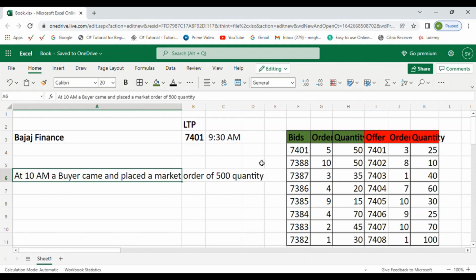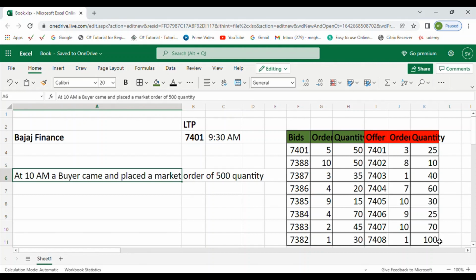A new buy order will come. As it is a market order, it will execute at the best available price. Now 25 quantity at 7,401 will be executed, and then 10 will be executed, and 40 will be executed, and 60, and this will keep continuing until 500 quantity of Bajaj Finance shares were exchanged.